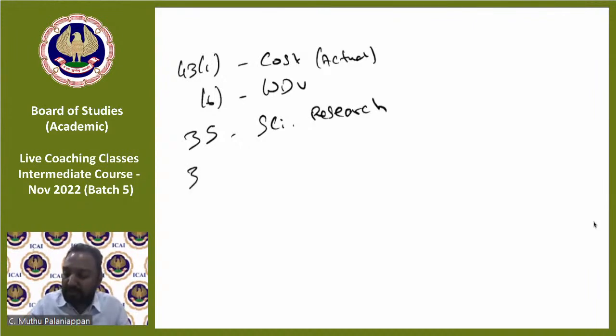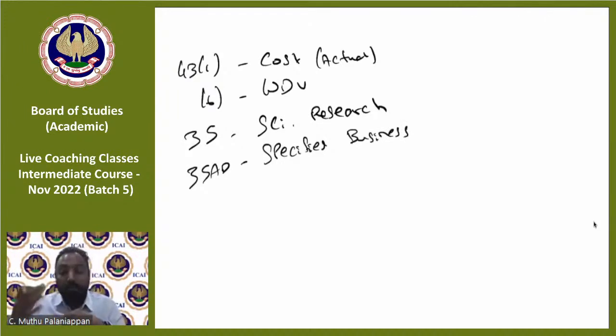Then we discussed 35 AD, that is your specified business. We said hotels, hospitals, the infrastructure facility, pipe gas, the oil gas related laying and pipe related things, storage of agriculture produce, cold chain facility.